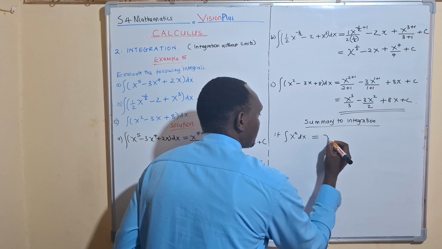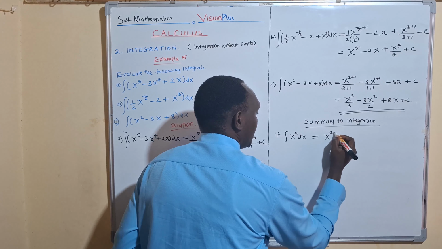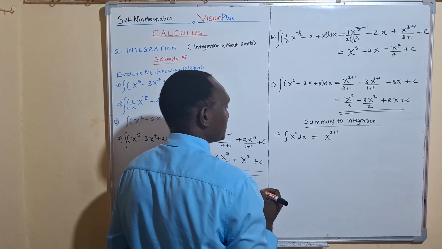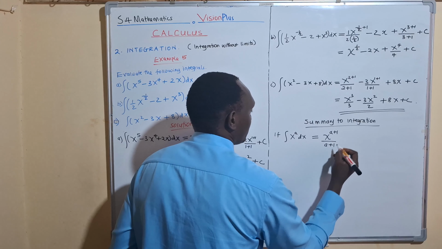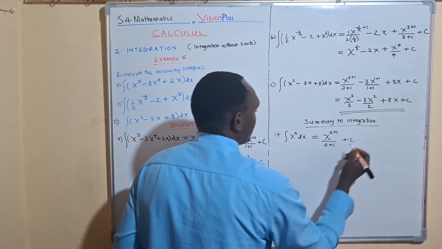So we shall have here x power a plus 1. That gives us the new power. Then we divide by a plus 1, which is the new power, plus c.